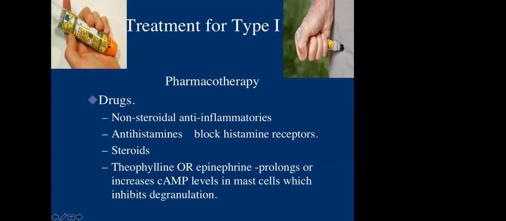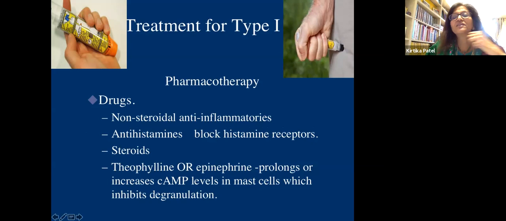Even if you're wearing clothes, you don't have to remove clothes. As soon as you start feeling the reaction, you just jab yourself. And once you jab, there's a needle over here that just releases the epinephrine in the body.